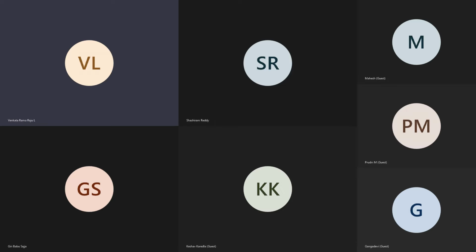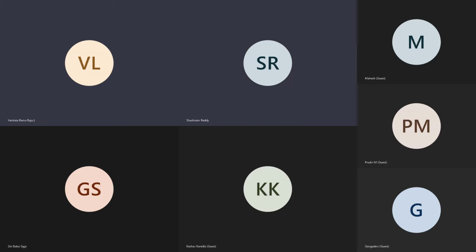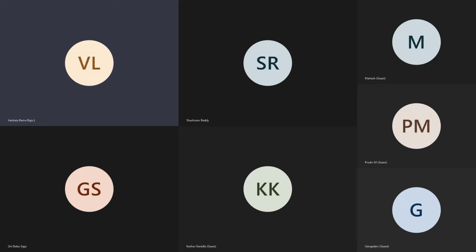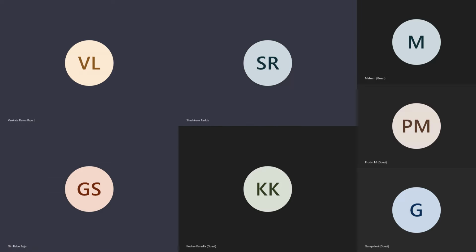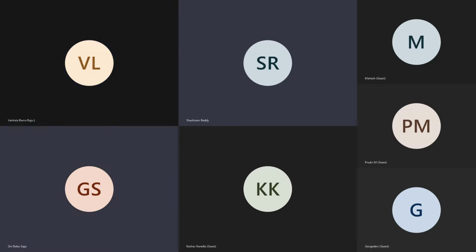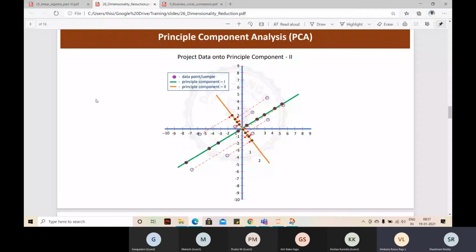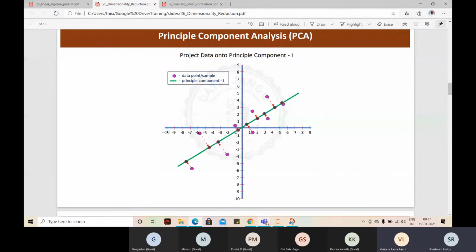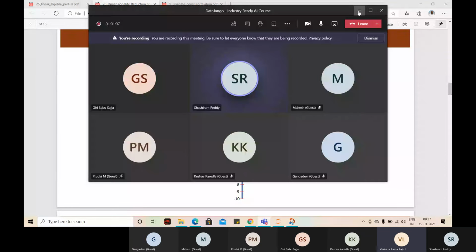You're seeing a black screen, only your name on Teams. Oh my goodness. Now we are able to see. Oh, okay. It's a dongle thing, maybe that's the problem. Now you can see, right?